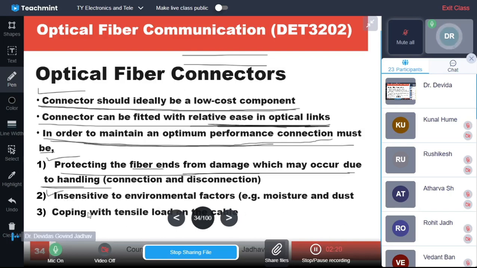So provision should be made such that it is not affected or contaminated.